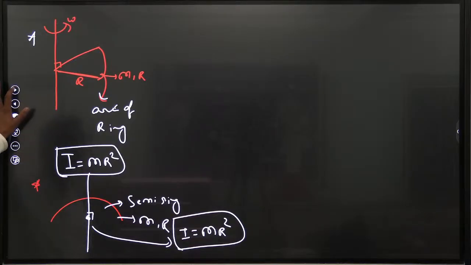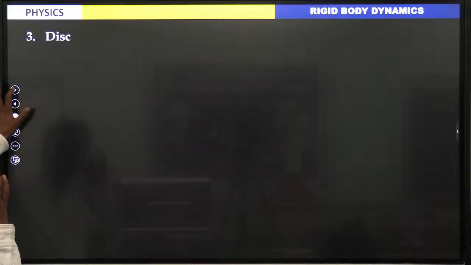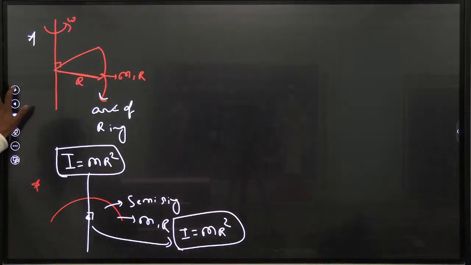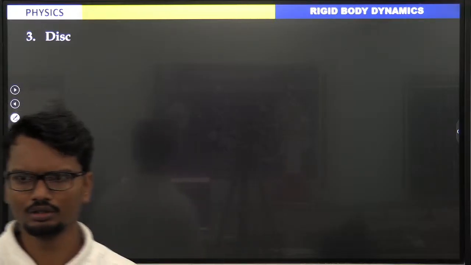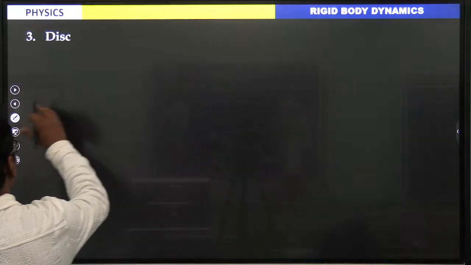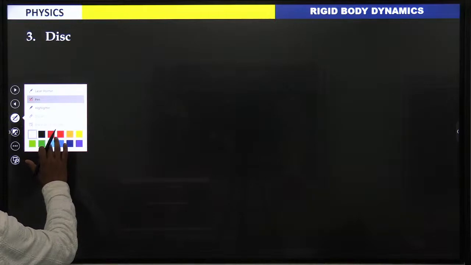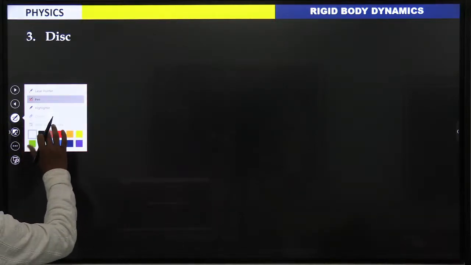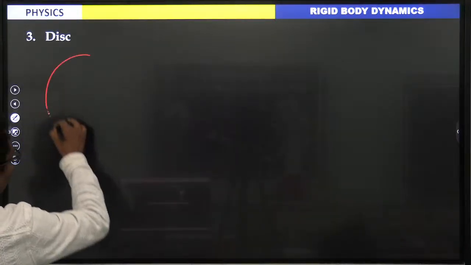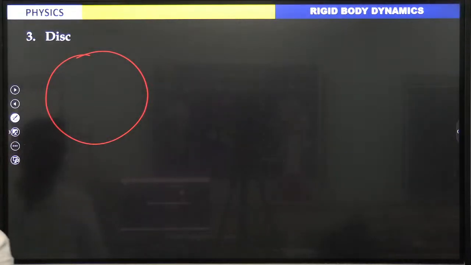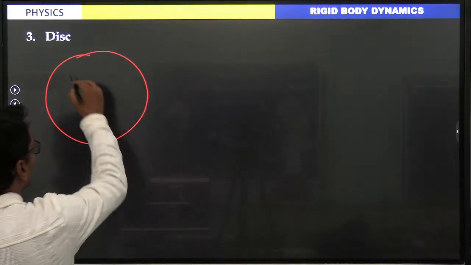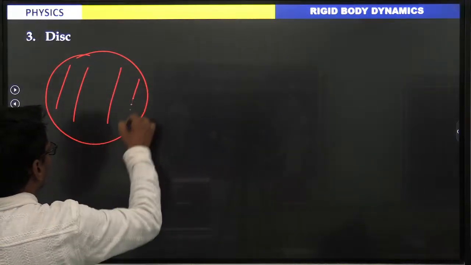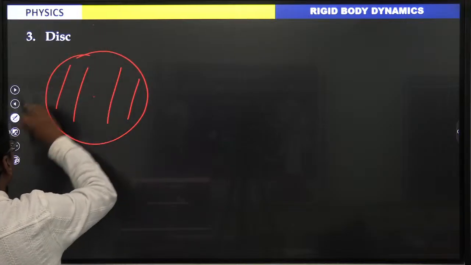Now we are going to find the moment of inertia of the disc about a given axis. So this is the disc, and this is the axis.